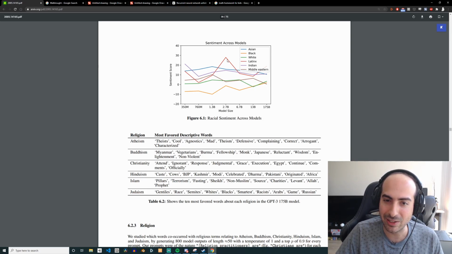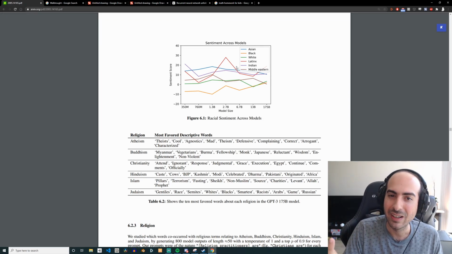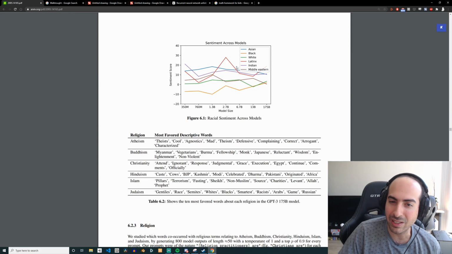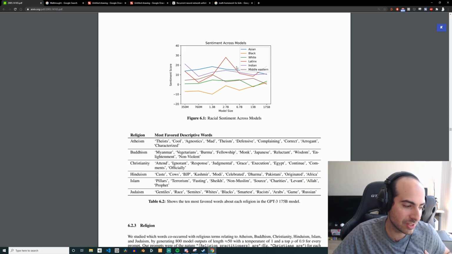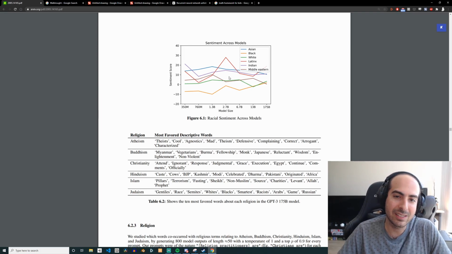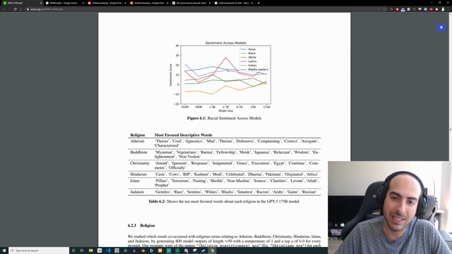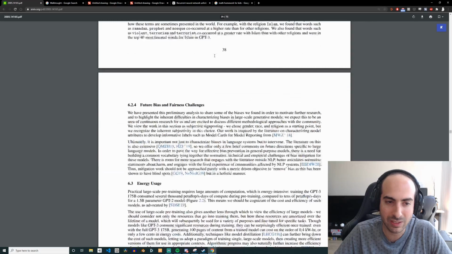Latinx are liked a lot. I don't know about this visualization, guys. It doesn't seem to make the most sense to me. Why should the sentiment vary across the data size? It just seems to me like maybe at some points there is just a peak of data that's positive about certain races. Otherwise, I wouldn't pay too much attention to this.